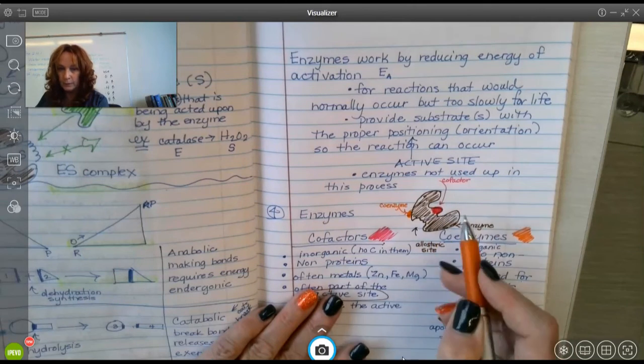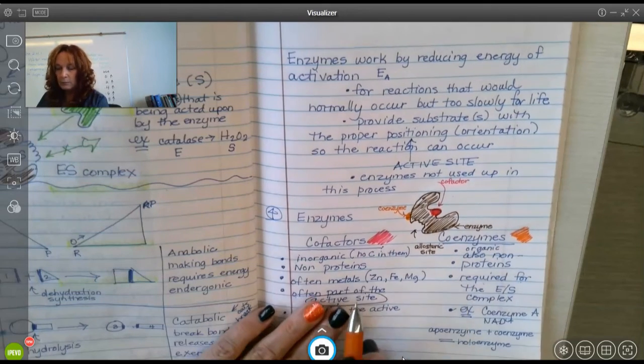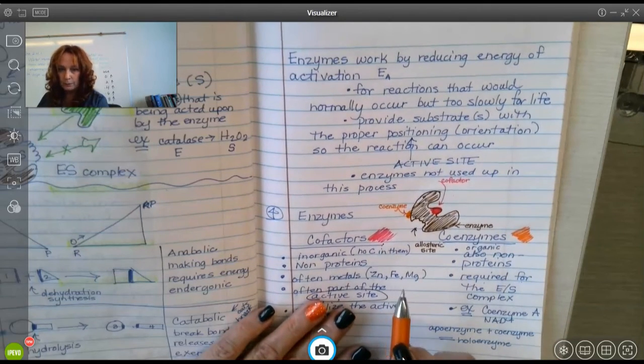We didn't draw that one, but it's a coenzyme, which just means me too, right? Not a protein, small little molecule.